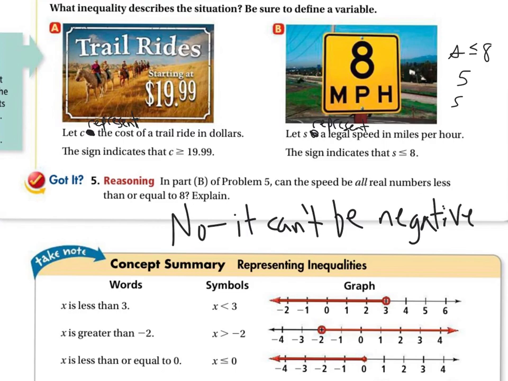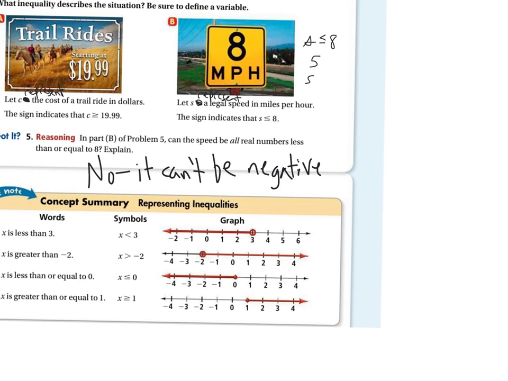So this would be a case, actually, if you were graphing that. We haven't had a situation like this yet. But technically, for the legal speed, 8 would be the maximum, 0 would be the minimum. So we would actually be just in between these two dots. We wouldn't have an arrow on the end.